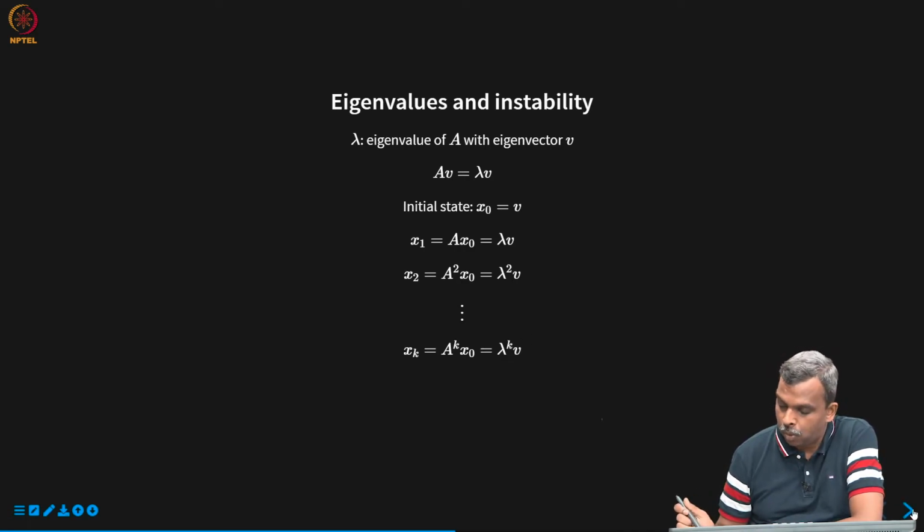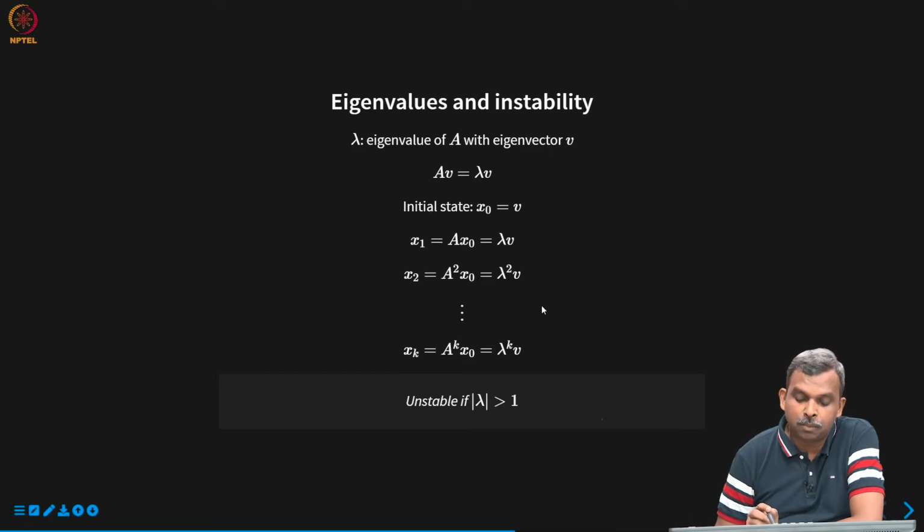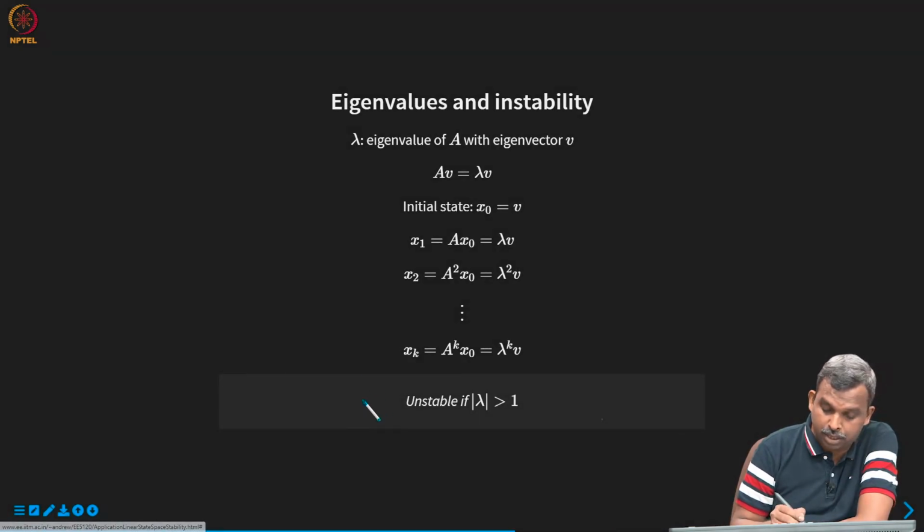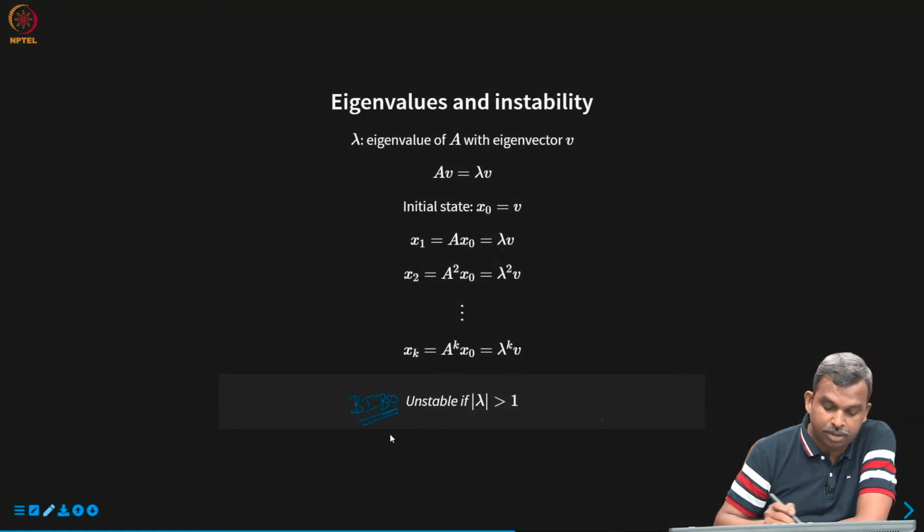So, one thing we can conclude from this is evolution by A will be BIBO unstable if the absolute value of lambda is greater than 1. Okay. So, this is easy enough to see. Let me just make sure I get this point right, it is BIBO unstable, right. So, that is the criterion we are looking at.